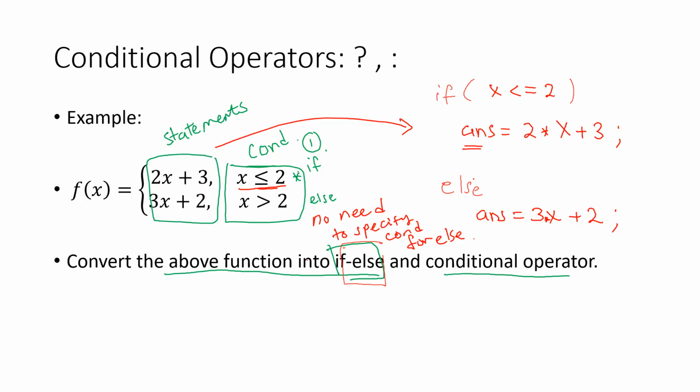Let me give you an example. Another example, let's say I can also put something like this. Fx equals to x plus 1 if x is less than minus 1.